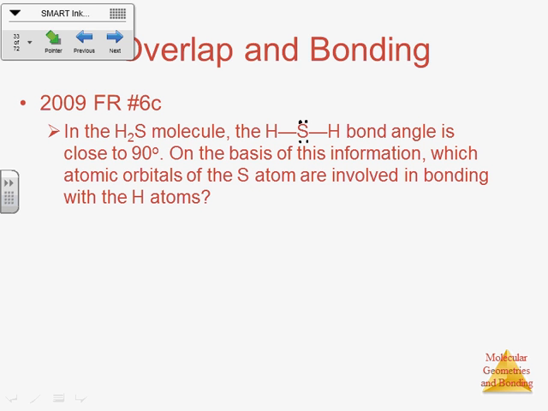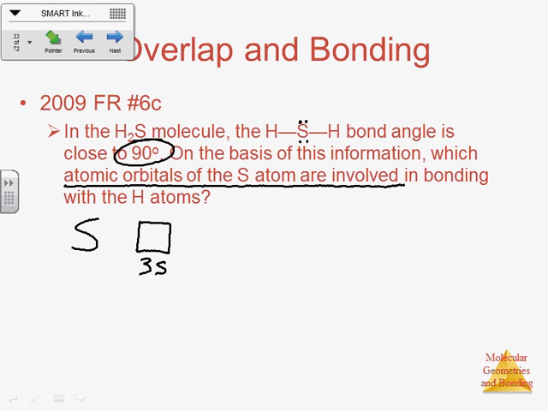But when they're asking which atomic orbitals of the sulfur atom are involved in this bonding, really the main thing to remember to answer that question is not so much about the 90 degrees. It's a lot more about the orbital diagram for sulfur. Maybe this will actually be less confusing. In our valence electron energy level, we've got 3s electrons and 3p electrons.